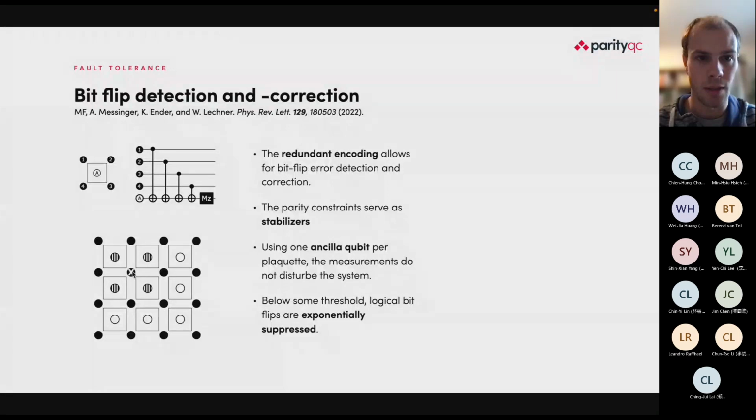And what we can do then is just apply an artificial bit flip to this qubit, and therefore we have corrected the error. Of course, it is not guaranteed that this is doing the correct thing, because this is only the most likely scenario for this syndrome to occur. There may be other scenarios, so we do probability estimations and correct for the error that is most probable to occur.